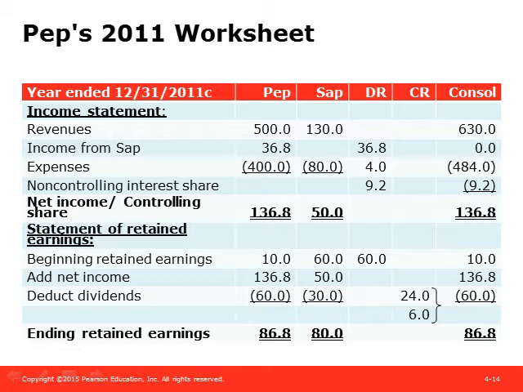And so when we put the consolidated statements, we see that the net income for the controlling share, that is the 80% PEP ownership, comes out to be $136.8K. Then we look at the statement of retained earnings, and essentially we're doing the exact same thing. We start with PEP year-end balances, SAP year-end balances. We take into account the debit and credit worksheet entries to come up with a consolidated ending retained earnings balance of $86.8K.